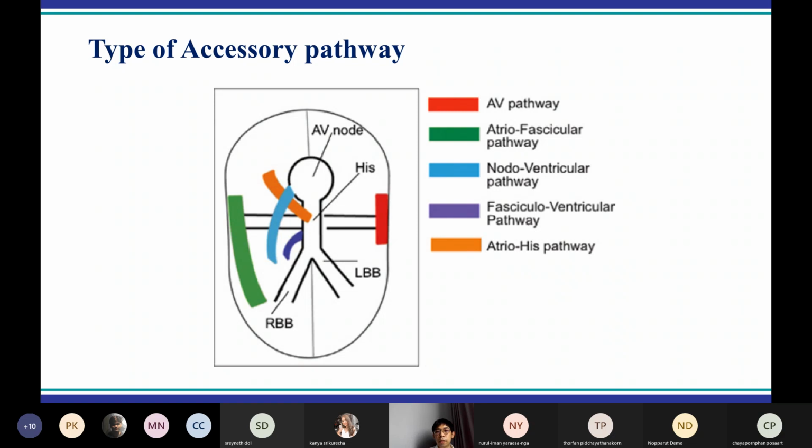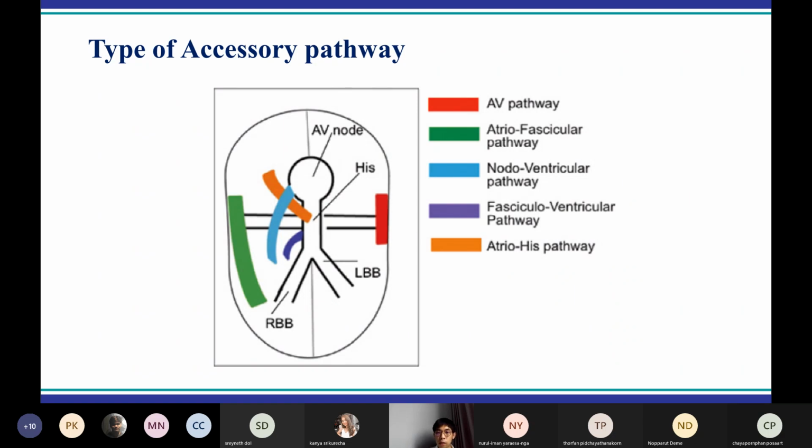Another type of pathway is the atriofascicular pathway, which connects between the atrium to the left or right fascicle. The third one is the nodoventricular pathway. It's the connection between the AV node and the ventricle. The fourth one is the fasciculoventricular pathway, which connects between the fascicle and the ventricle.